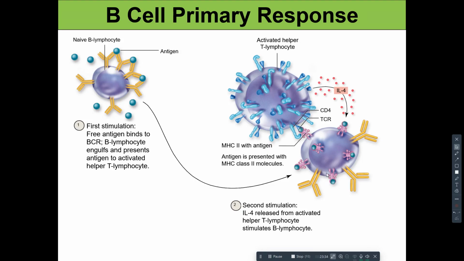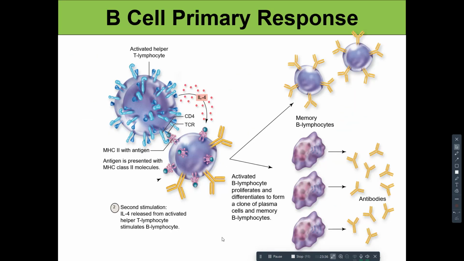Now, once the B lymphocyte has gotten permission, it is going to divide, and check out what this division results in. The division results in activated B cells for right now. These activated ones are called plasma cells, and they work by making antibodies, which are specific immune proteins.